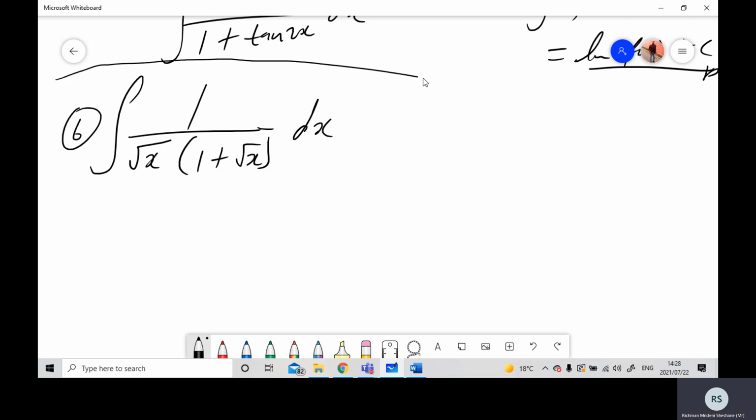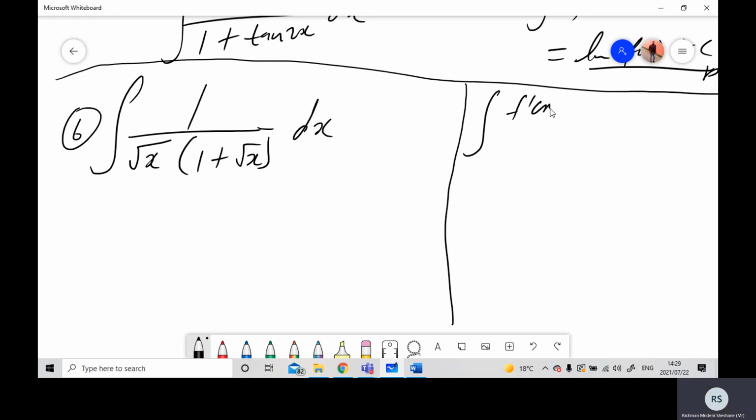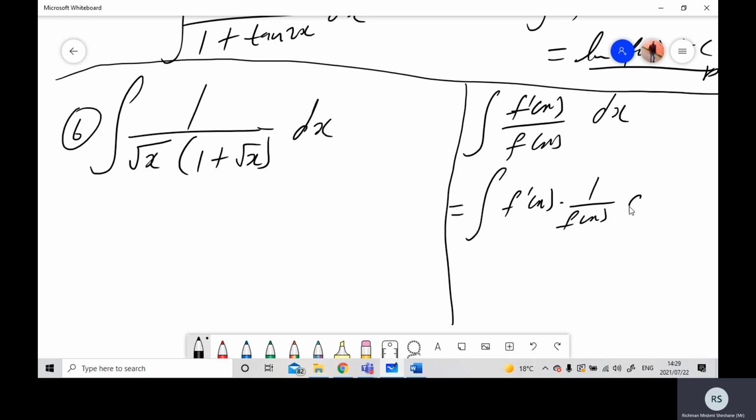Remember, the integral of f prime over f of x dx; I can write this standard integral as f prime multiplied by 1 over f of x dx.